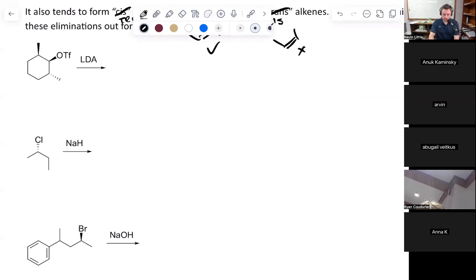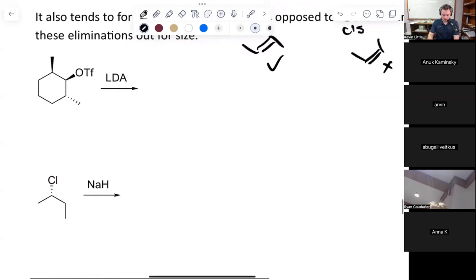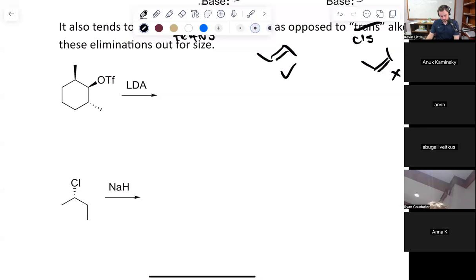All right, LDA is just a bulky base, so it does an elimination here. The question is, am I going to eliminate this hydrogen or this hydrogen?